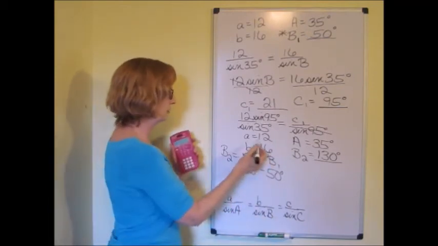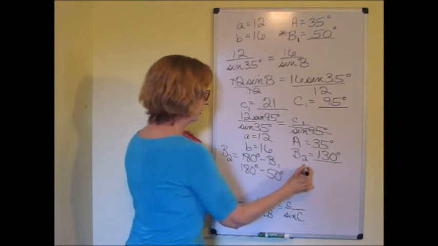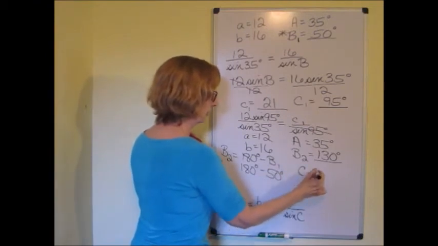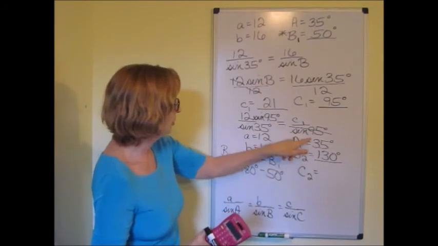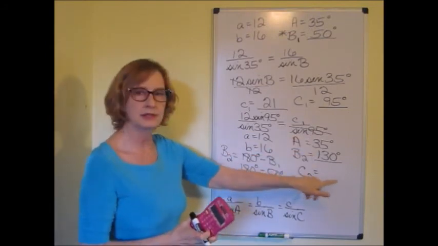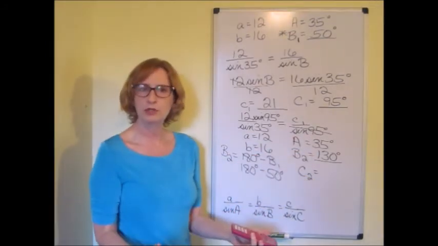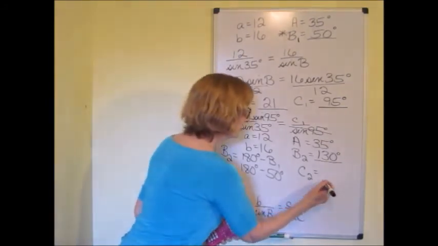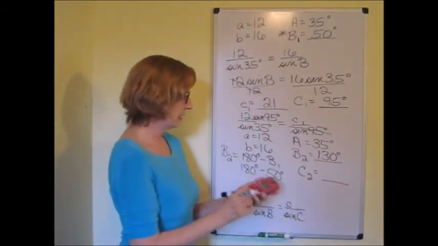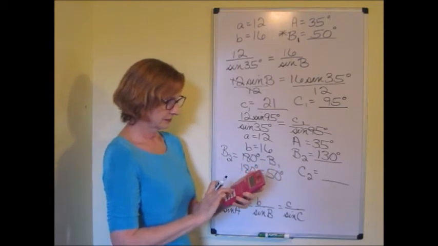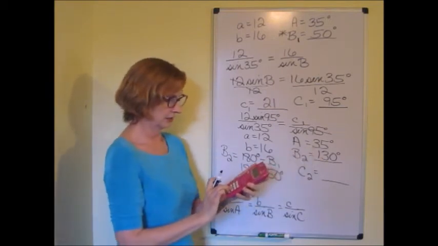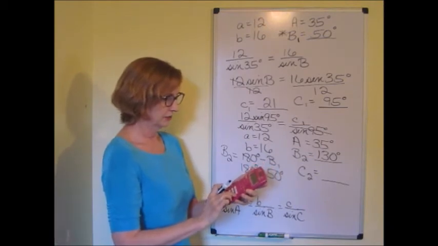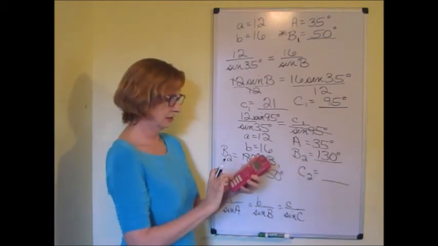So what I'm going to do to find angle C, if there is a second triangle, is take 180 and subtract both of these angles from it to see if I get a positive angle, which would make sense. So let's see if we could do that. Take 180 and subtract 35 degrees, that was angle A, and also subtract 130.